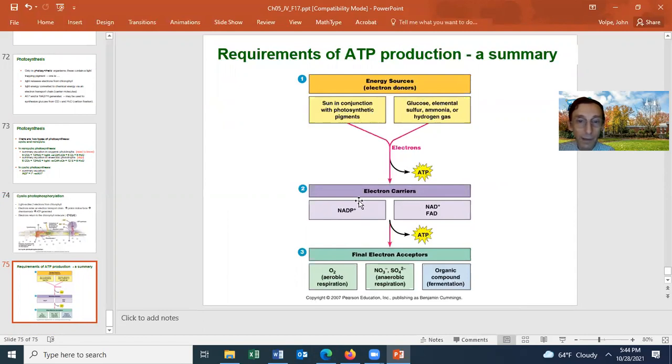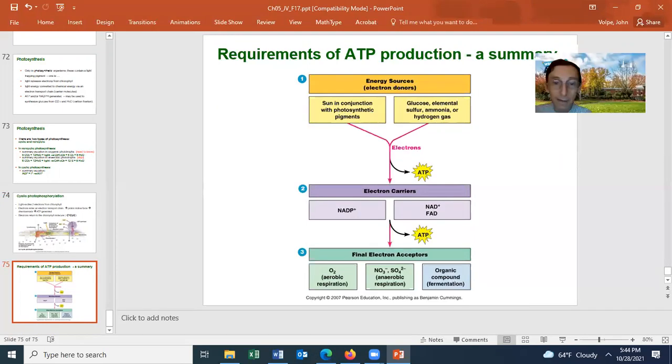The electron carrier can differ, we're not going to talk about that, but the final electron acceptor can also differ. For aerobic respiration, the final electron acceptor is oxygen. For anaerobic respiration, it is a molecule other than oxygen.